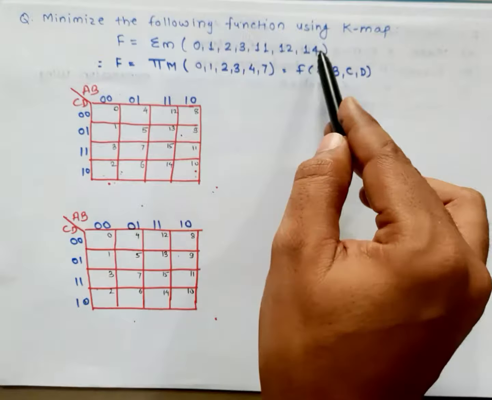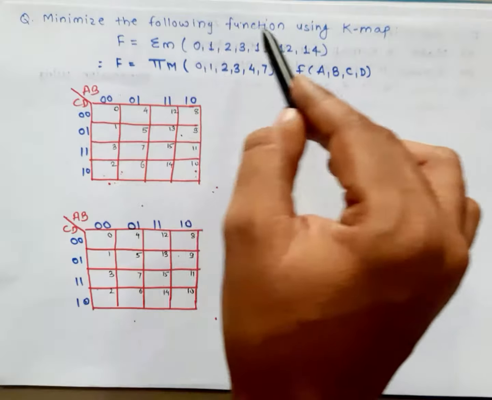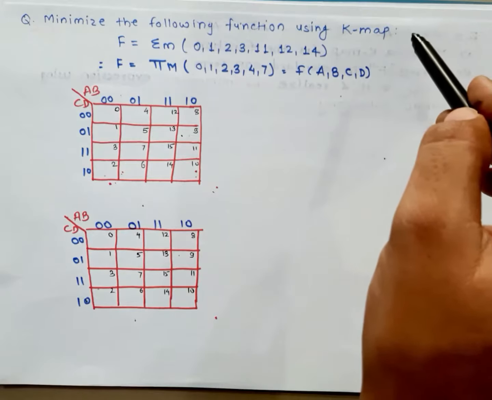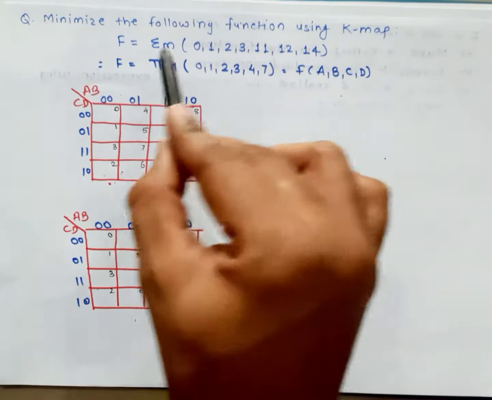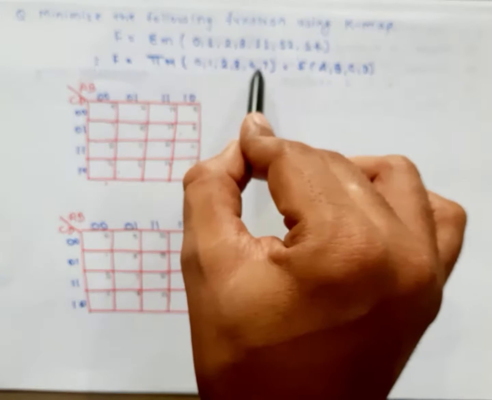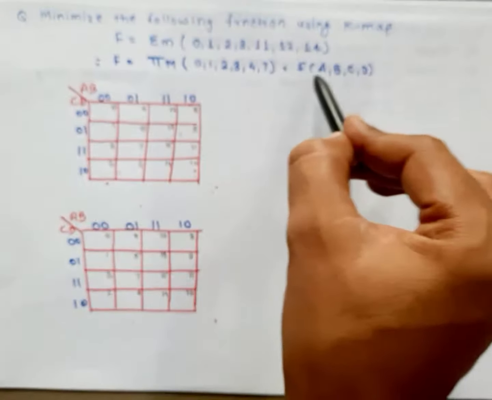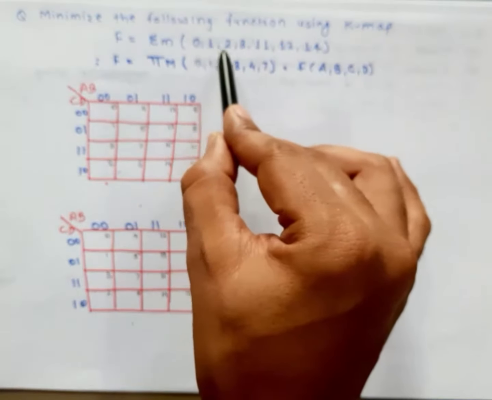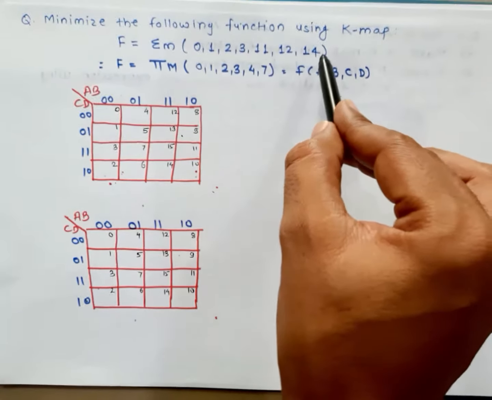Or it may be mentioned in your problem statement: minimize the following function by using a 4 variable K-map. If it is strictly mentioned as a 4 variable K-map, then you need to design only a 4 variable K-map. For example, in the second function, if you identify 0, 1, 2, 3, 4, 7, you can say it requires only 3 variables, but actually you need to design the 4 variable K-map. From the above example, you can say that the values 0, 1, 2, 3, 11, 12 and 14 are there.